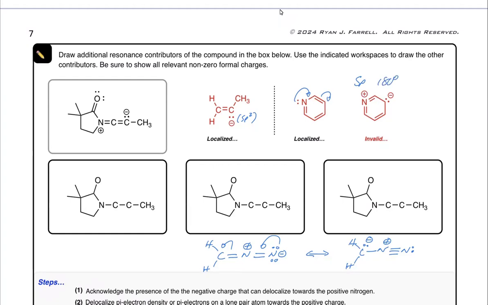We can't achieve 180-degree bond angles. For that reason, that arrow push is invalid. So let's make the rule that if you've got a lone pair atom making a pi bond already and it's in a ring, that should not be delocalizable. That lone pair would exist in a hybridized orbital separate from the pi system. And if we have a lone pair atom that's making a pi bond and there's no adjacent pi system, it cannot resonate.